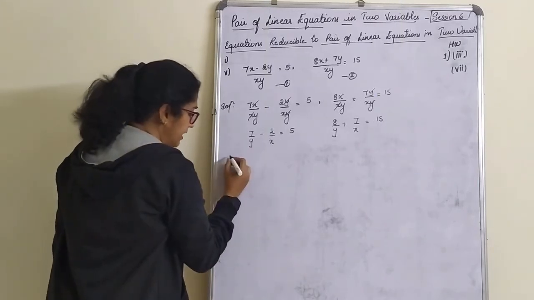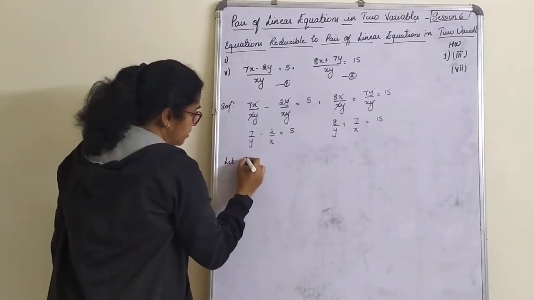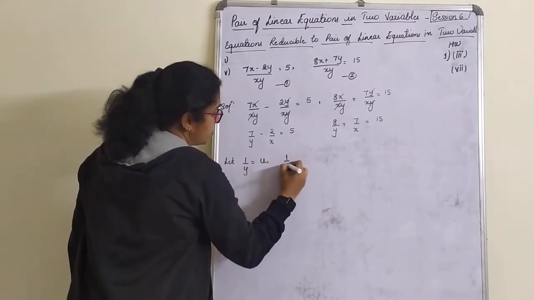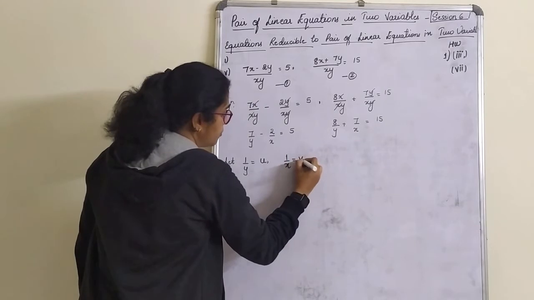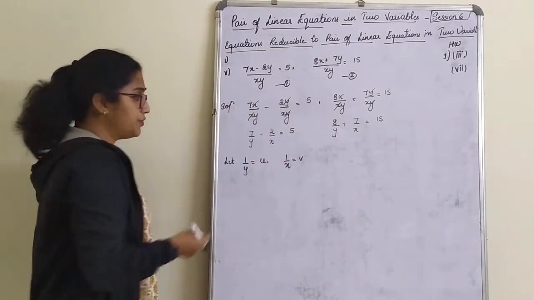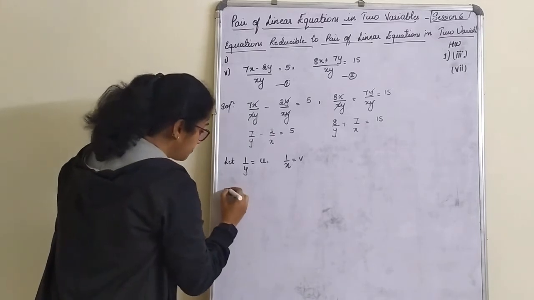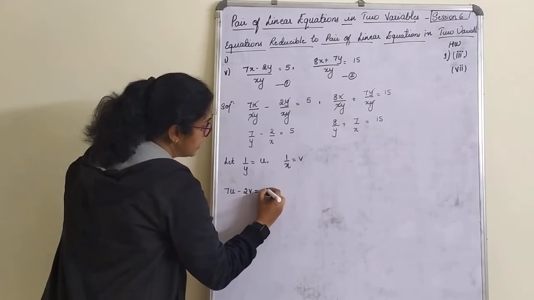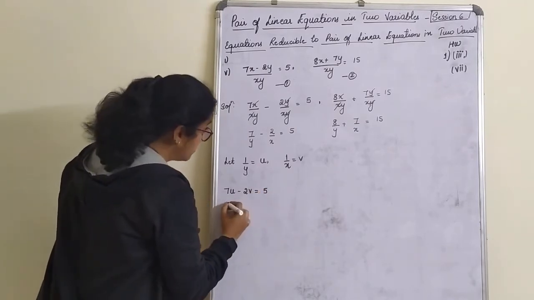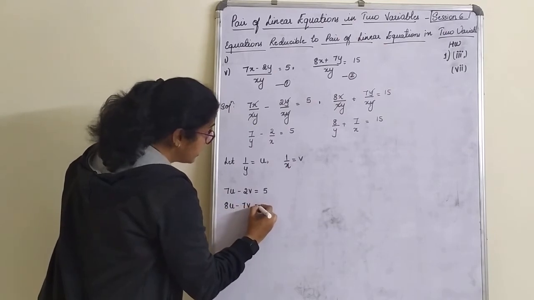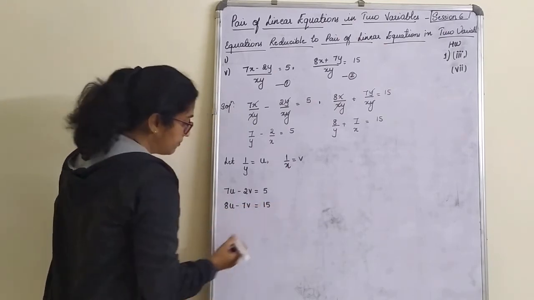Let 1 upon y is equal to u and 1 upon x is equal to v. It's up to you, you can also take this as v and u, however you feel like. Let us substitute. 7u minus 2v is equal to 5 and 8u minus 7v is equal to 15.